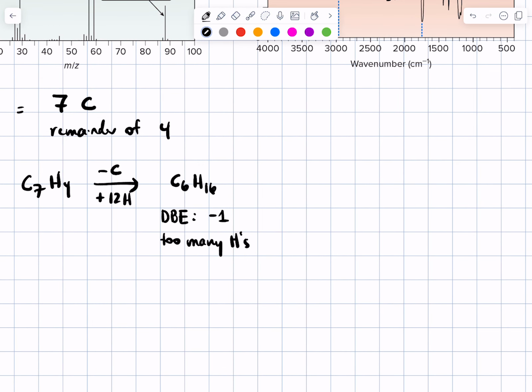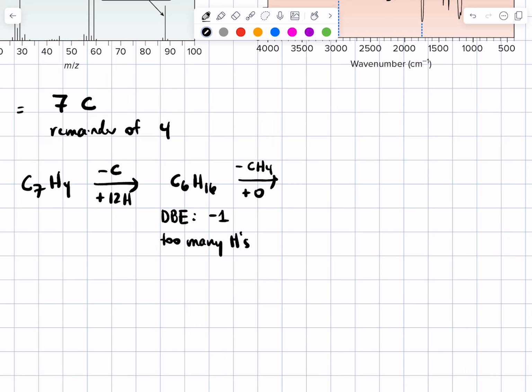So what am I going to do? Well, I can't replace carbons with more hydrogens. So what if instead I start replacing 1 carbon and 4 hydrogens with an oxygen? The math adds up. The CH4 is 16, and oxygen is 16.